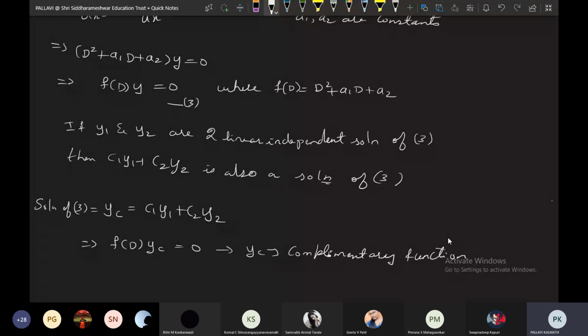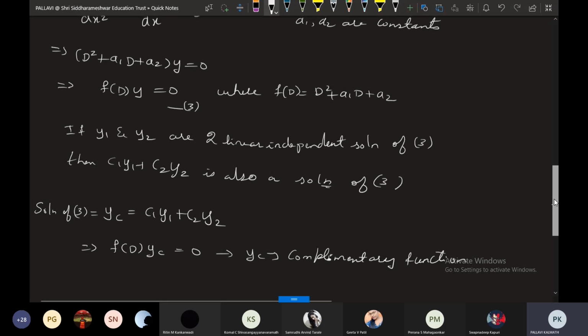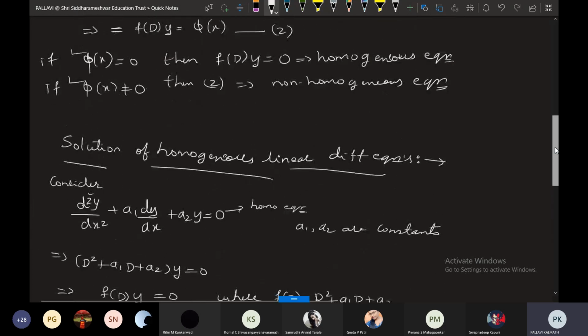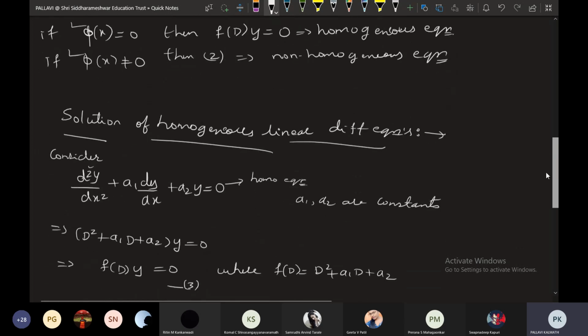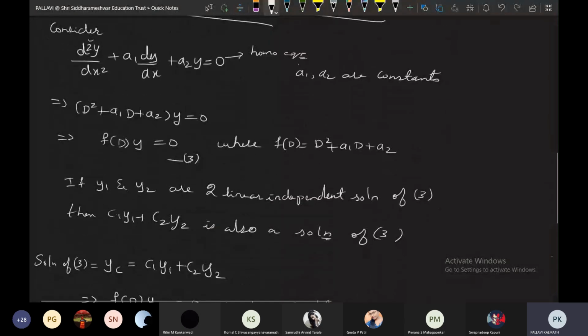Basically, what differential equation 1 we have considered, the solution of this differential equation is f of D into yc equals to 0. Whenever you have a homogeneous differential equation, whatever the order, so many will be the constants in the solution.